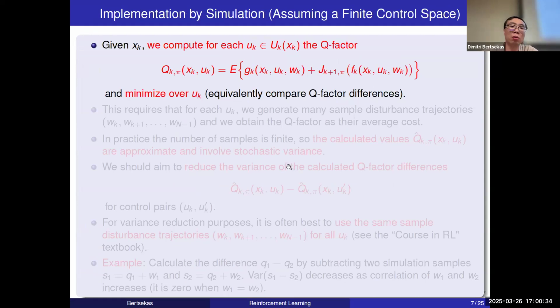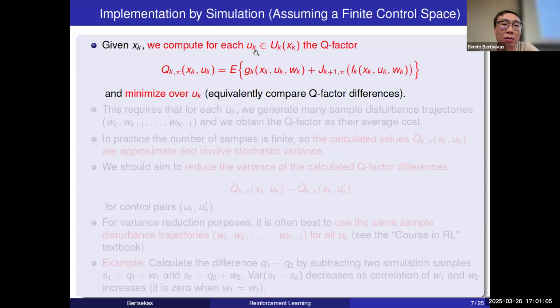As I alluded to earlier, there are a lot of challenges in the stochastic problem. The prime one is how we can deal with the expectation calculation, given that it is run by simulation. We're going to consider one particular case where the control constraint set is finite.